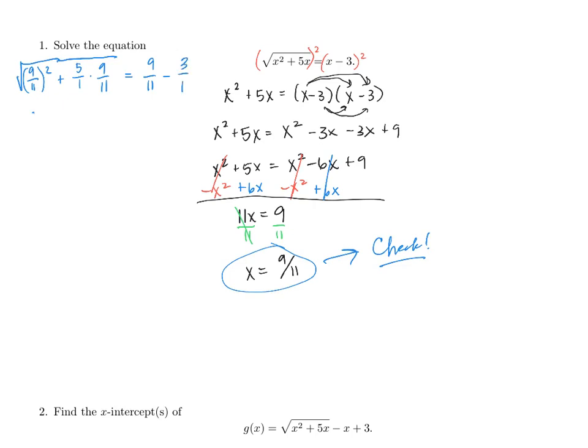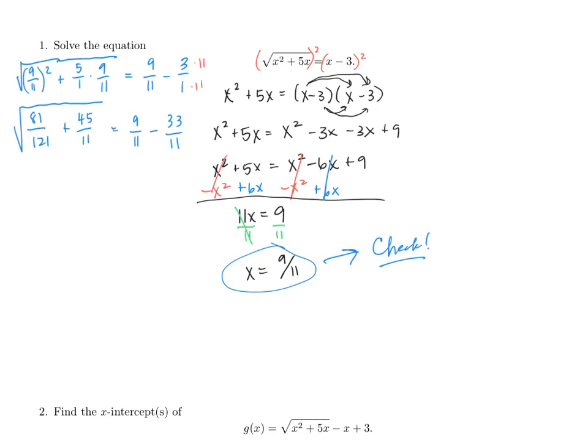Okay, so this is going to be 81 over 121 plus 45 over 11, all under the square root, is equal to, I need to have a common denominator on the right-hand side. 11 is the common denominator, so I'm going to multiply by 11. So I'm going to have 9/11 minus 33/11.